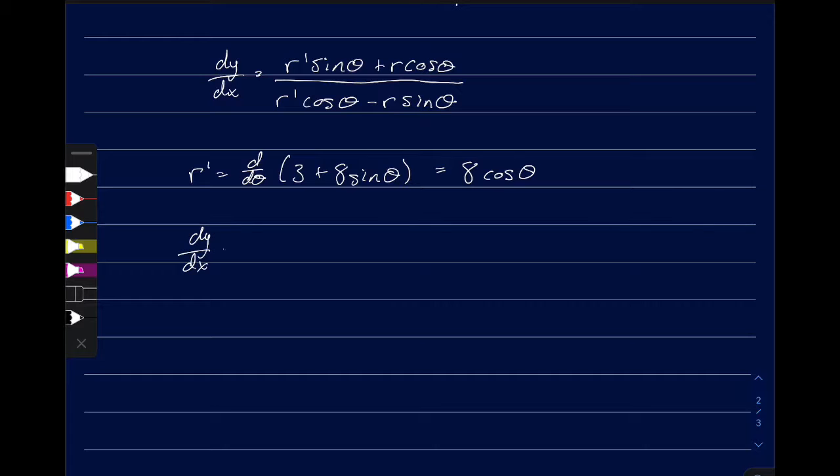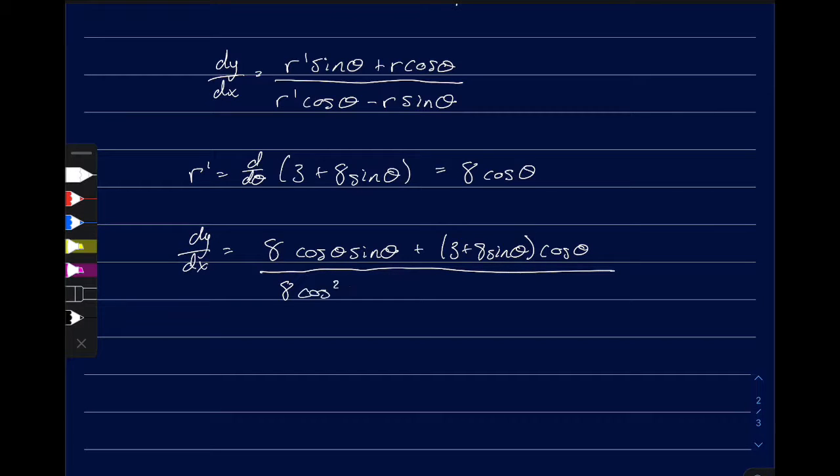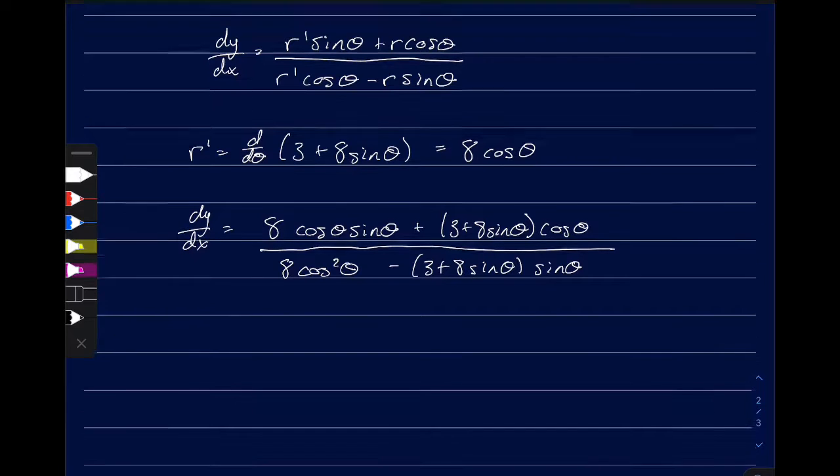So if we plug that in, we get dy/dx is equal to 8 cosine theta sine of theta plus r cosine theta, so 3 plus 8 sine theta cosine theta, all divided by 8 cosine squared theta minus 3 plus 8 sine theta sine theta.